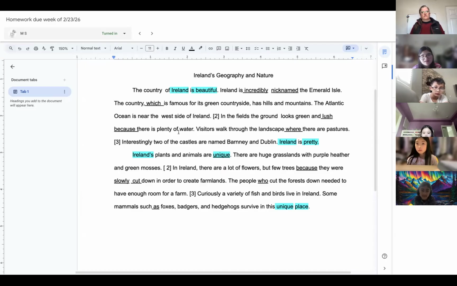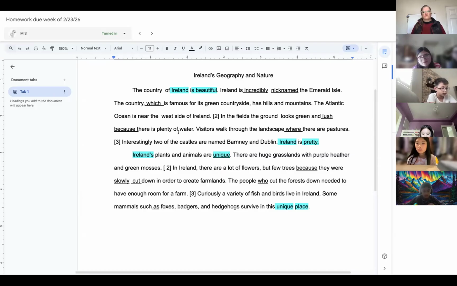Ireland's plants and animals are unique. There are huge grasslands with purple heather and green mosses. In Ireland, there are a lot of flowers, but few trees because they were slowly cut down in order to create farmlands.